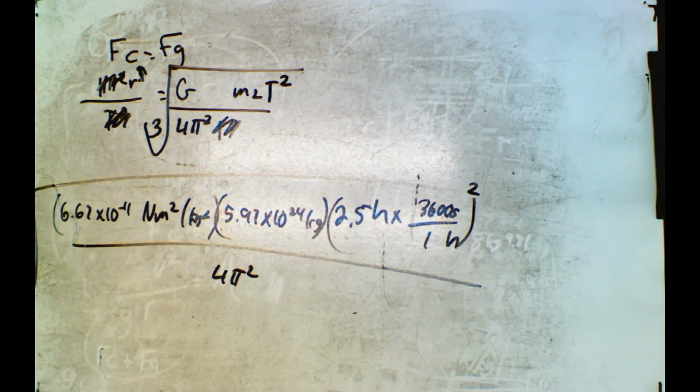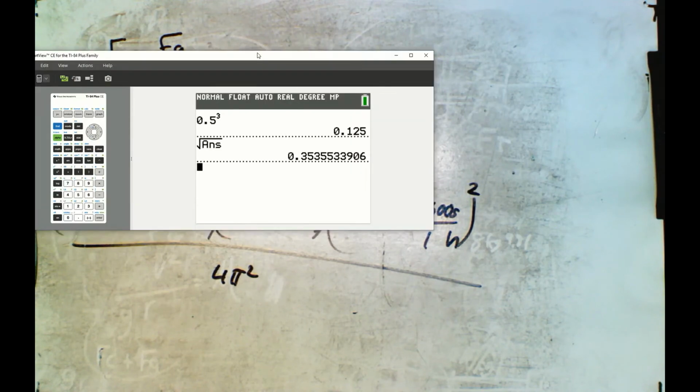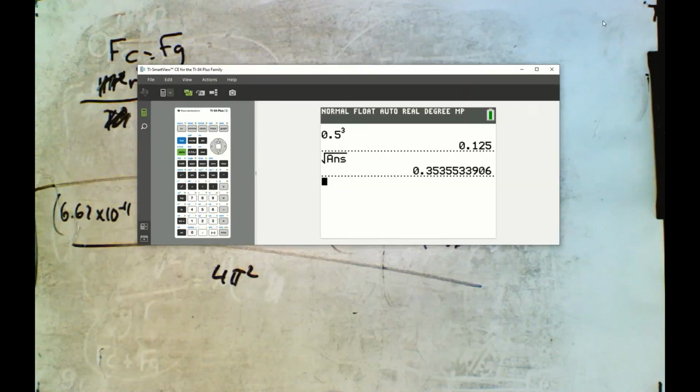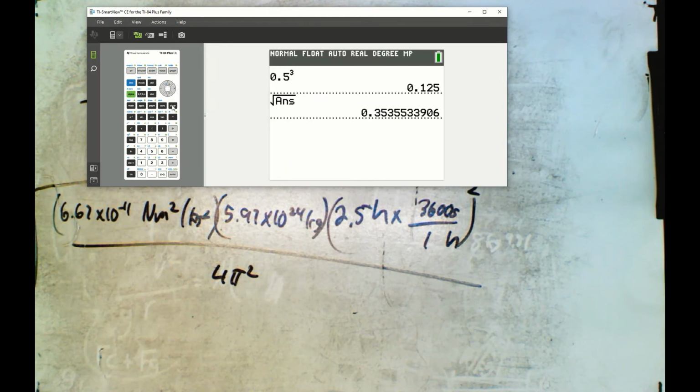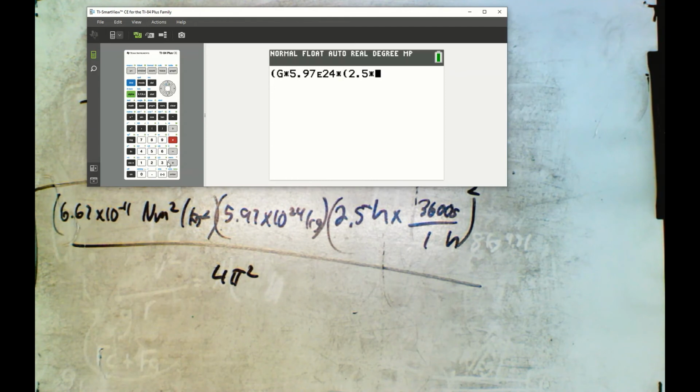So I'll type that all into my calculator here. Just give it a sec to open up. There we go. So we will go alpha g times 5.97 times 10 to the 24 times new bracket 2.5 times 3600.